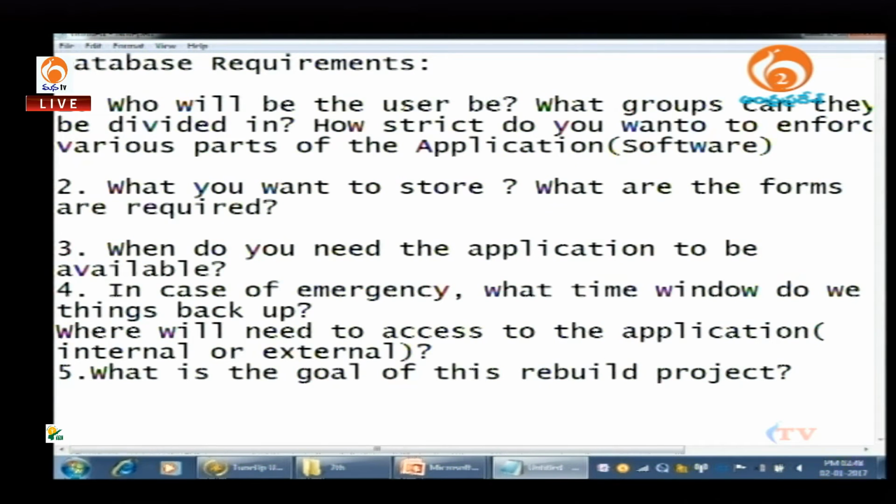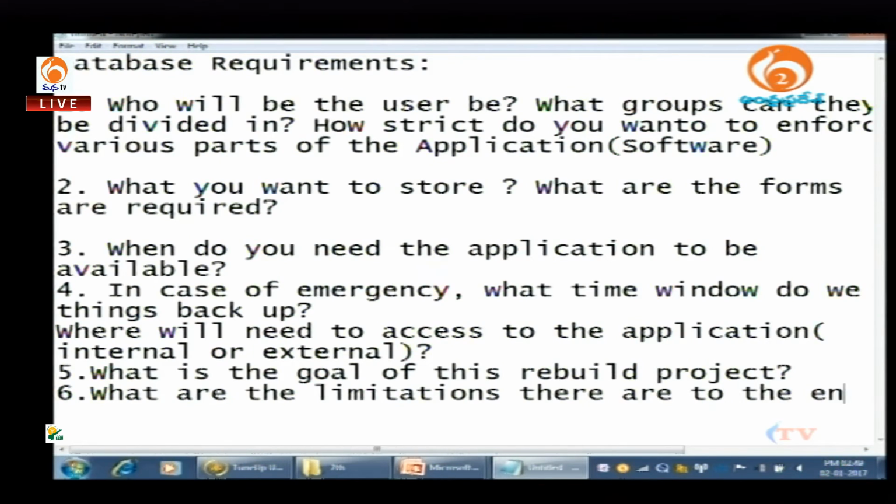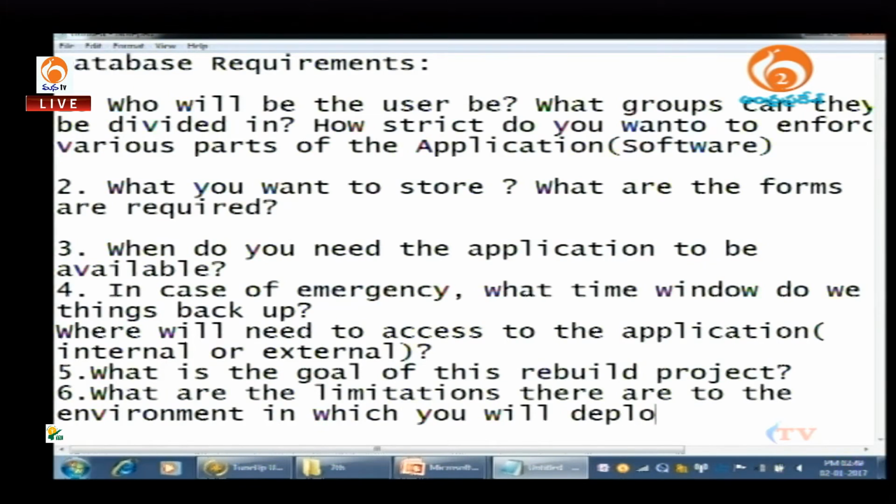Okay. What are the limitations? Next one is the sixth one. What limitations are there to the environment in which you will deploy the application?